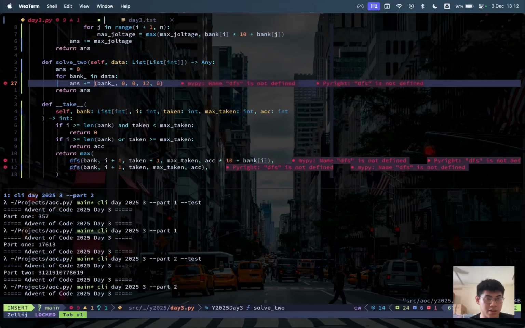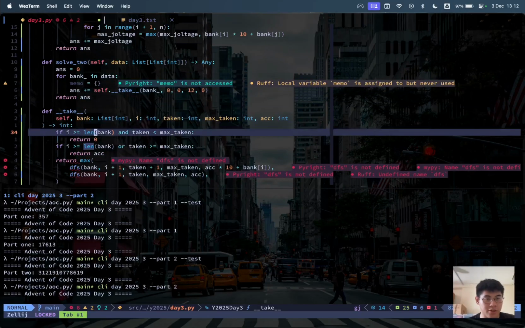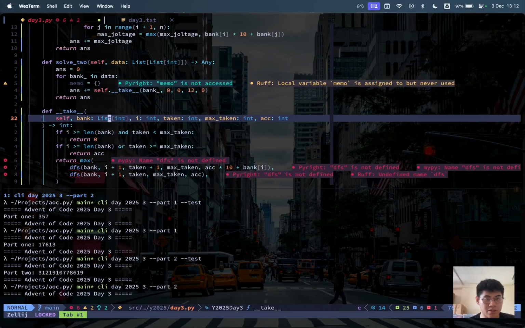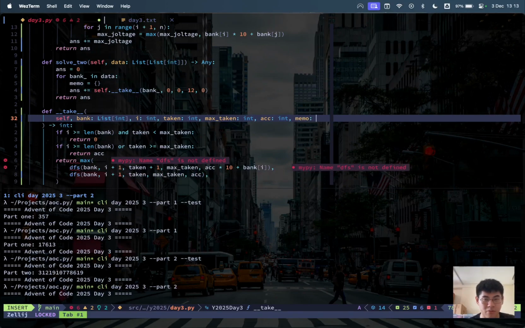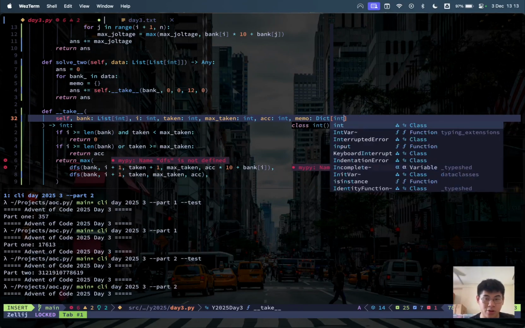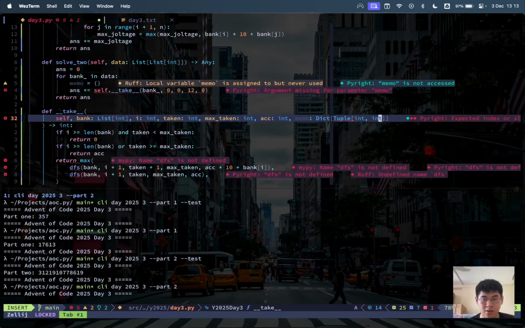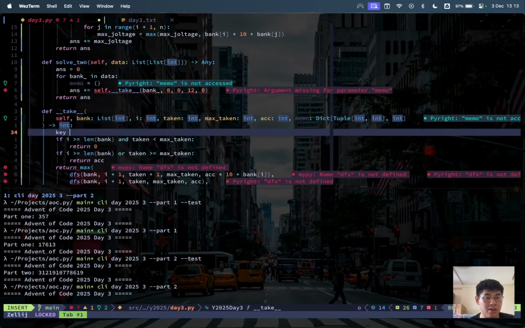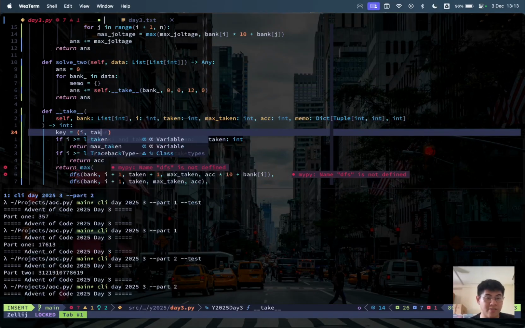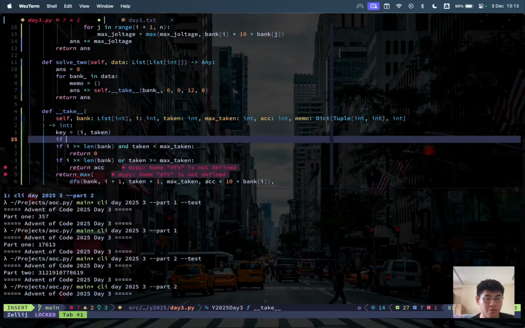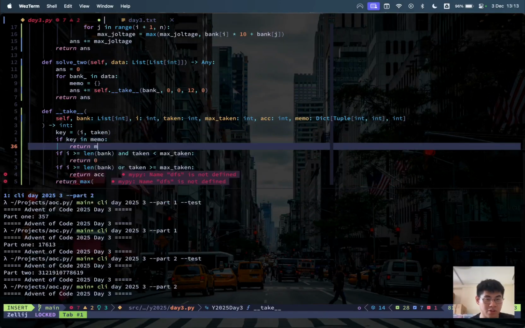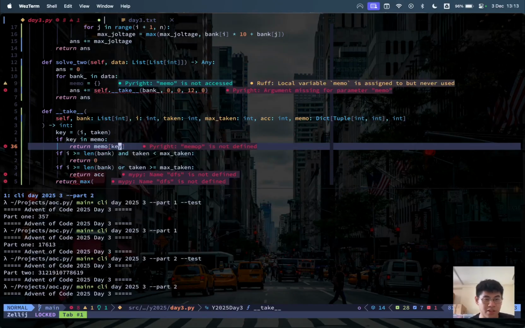I think this benefits a lot from having a memoized dictionary. So let's say we have a memo, a dictionary of a tuple of int and int, and then int again. The reason why I say it's a tuple of int and int is because the key is going to be I and the number of taken elements. So if key happens to be in memo, we return the memo of the given taken.